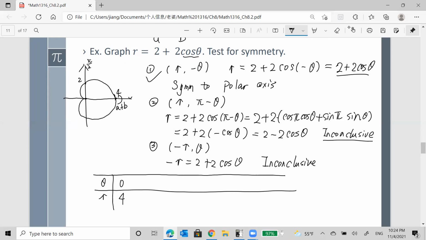The first point is here. And then second, I put pi over 6 here. So 2 plus 2 times cosine pi over 6 is 2 plus 2 times square root of 3 over 2. That's 2 plus square root of 3.